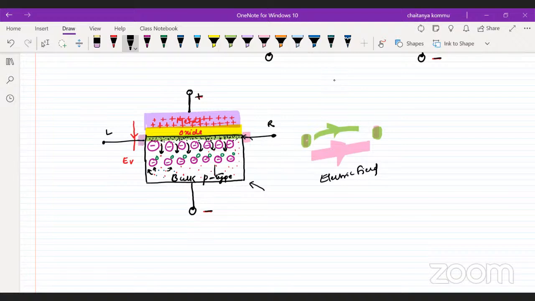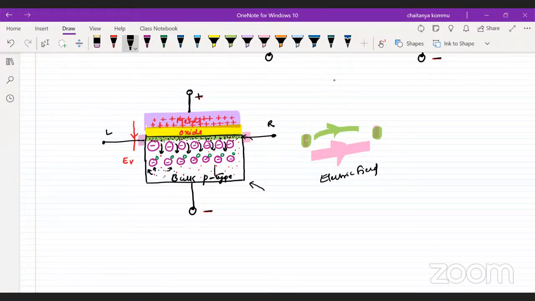If the carrier is an electron, and I want to move it from the left-hand side to the right-hand side, then what is the current direction? The current direction is from right to left.